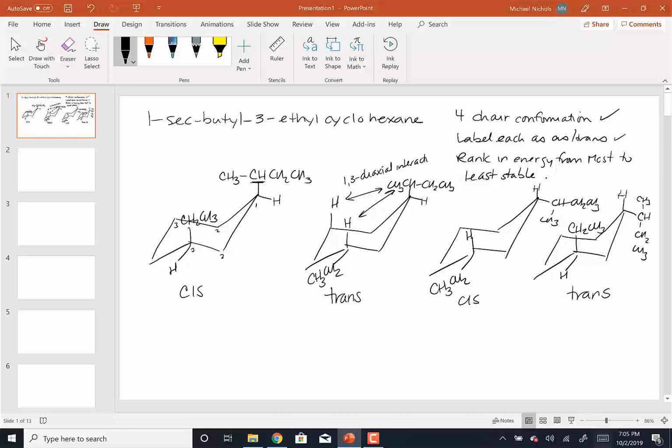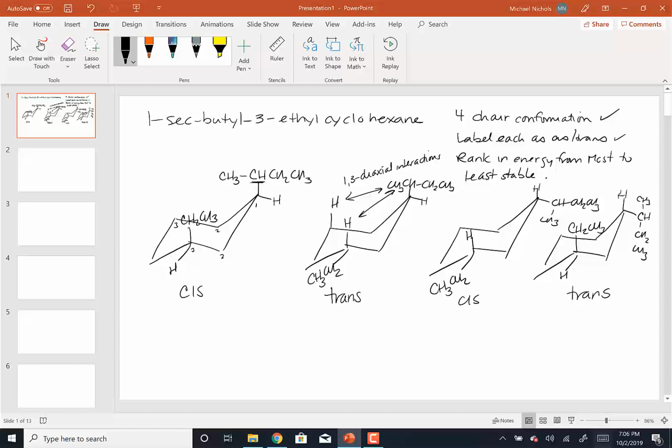And it has those 1,3 diaxial interactions with even hydrogens that are on the other axial position. So the most stable conformation is going to be the one where both groups are equatorial. And the least stable is going to be when both groups are axial. And then depending on the size of the group, we want that group to be equatorial.